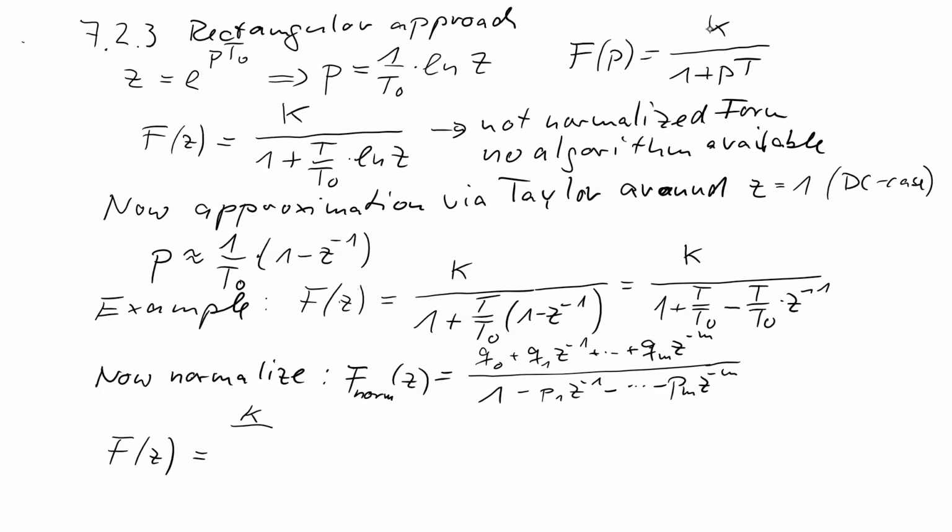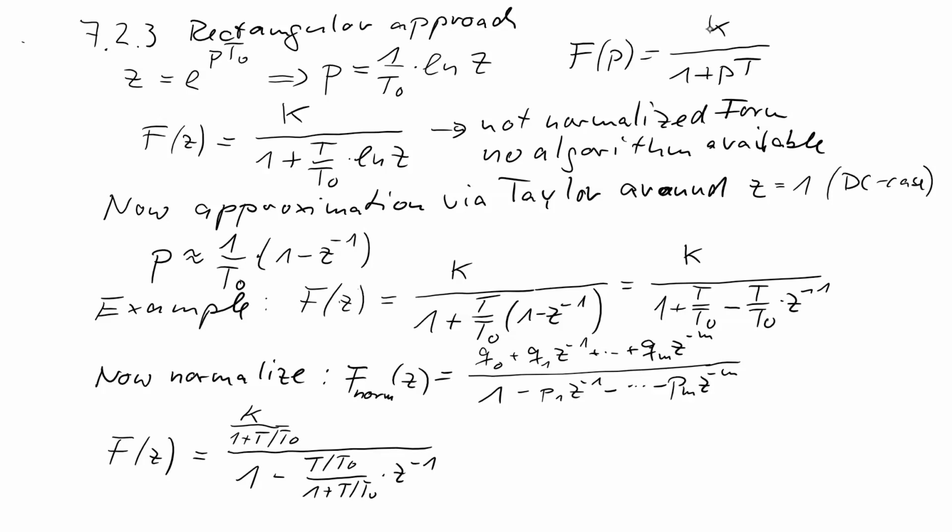So the normalized f of z finally ends in k divided by 1 plus T divided by T sub o in the numerator, and in the denominator our normalized 1, and then minus T divided by T sub o divided by 1 plus T divided by T sub o times z to the power of minus 1.